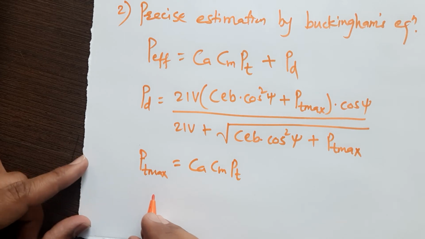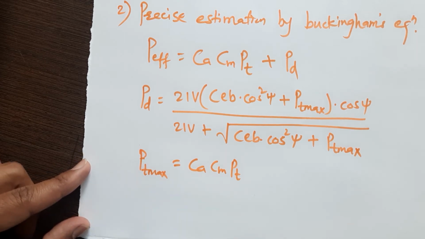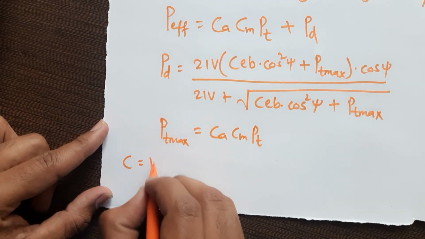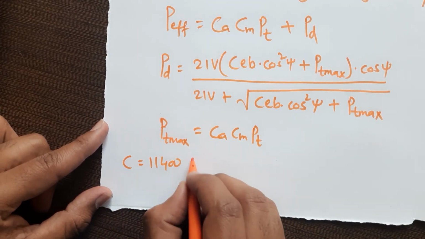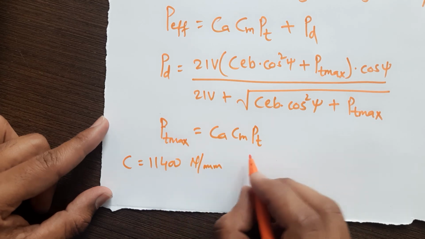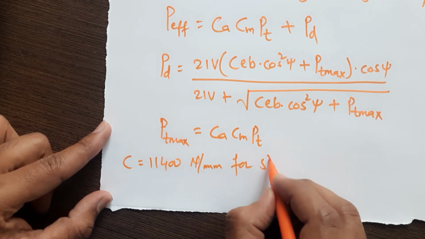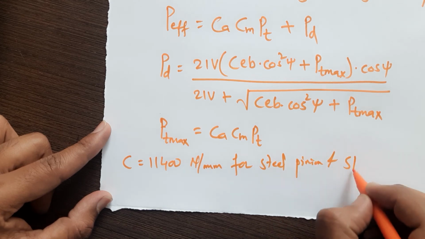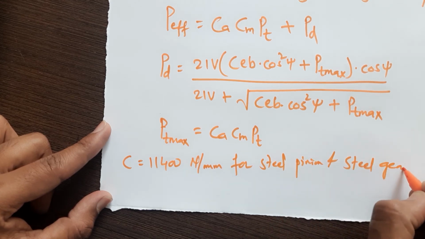And then C is nothing but deformation factor, and deformation factor depends on material. Okay. So C is equal to 11400 Newton per mm for steel pinion and steel gear.